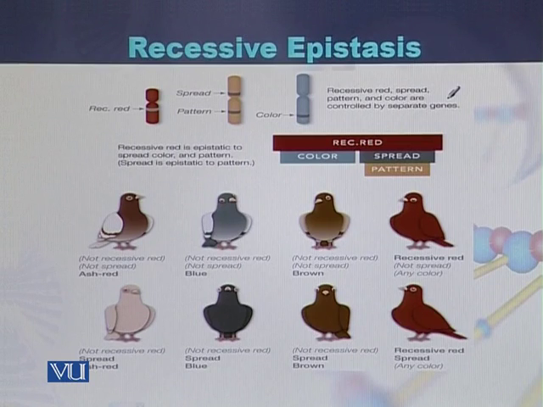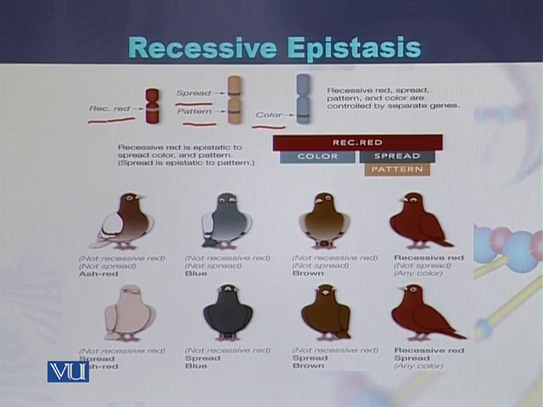In this case, there are 4 different genes. Gene 1, that is recessive red, is present on one of the chromosomes, while 2 other genes, which are responsible for the spread and the pattern in the pigeons, are present on one chromosome, but there is a third gene which is responsible for the color in the pigeons.